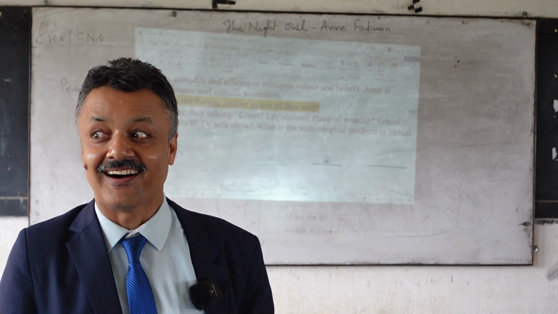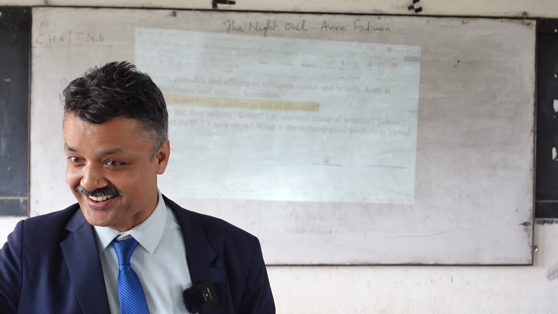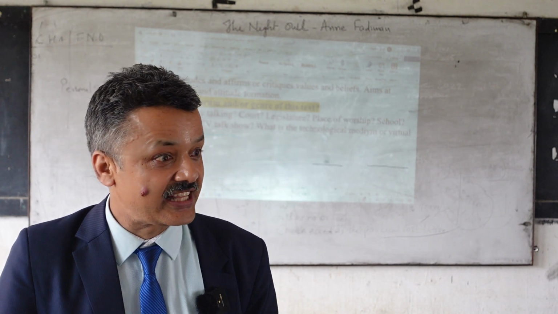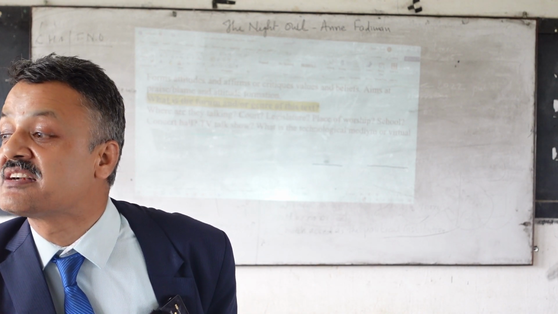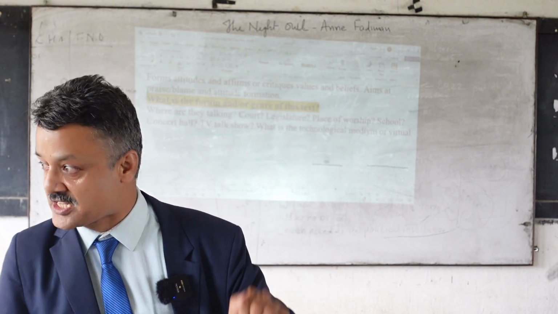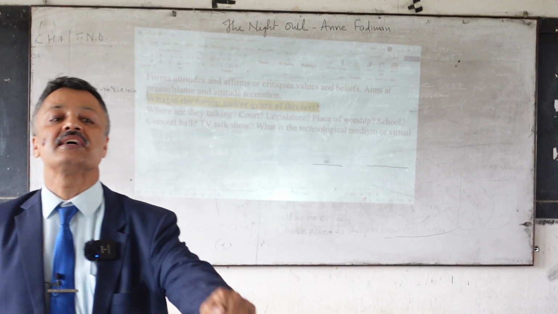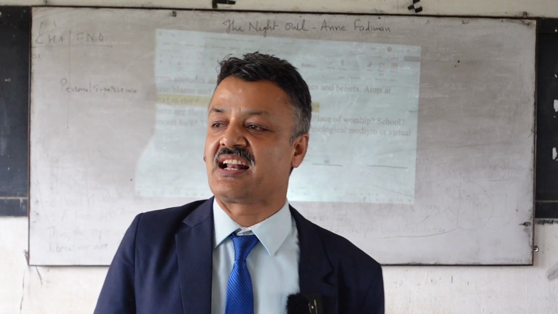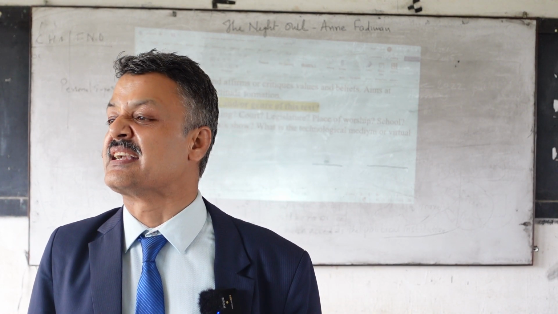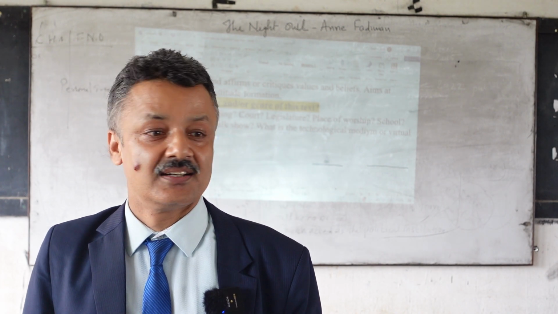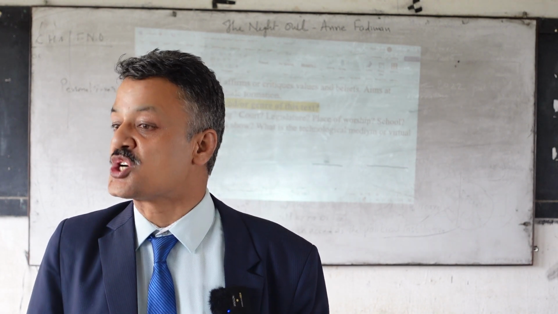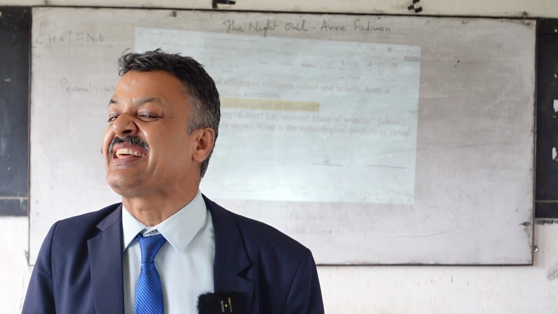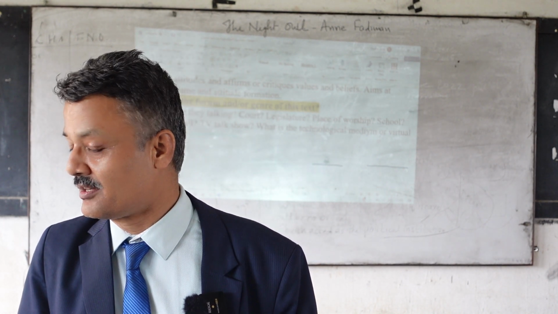Arguing and persuading. Got it. You got it rightly. Anne Fadiman's essay has the genre of argumentative essay. This is an argumentative essay. Chang Rae Lee's essay is narrative. Fadiman's essay is argumentative. Chang Rae Lee's essay heavily relies on emotion.